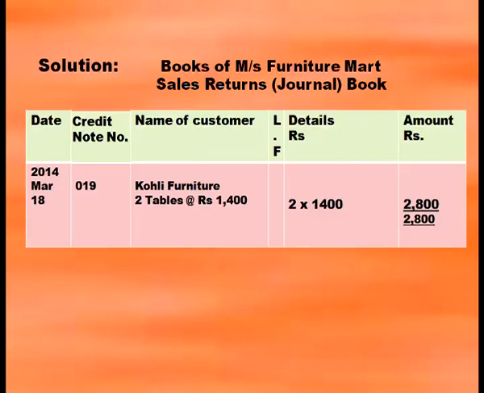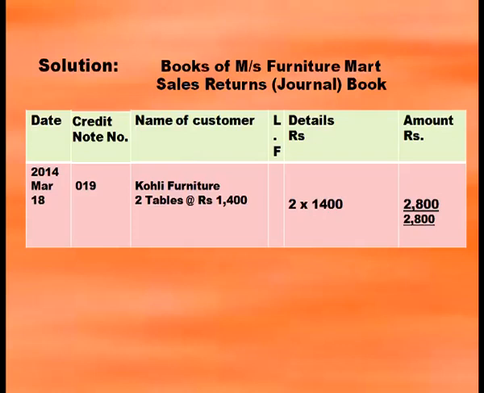Whenever you are preparing various accounts or journal or book, you have to prepare according to the format, that is, proper heading should be there. In whose book are you writing? In the books of Messrs Furniture Mart. What are you writing? Sales returns journal or sales returns book. Then date, credit note number, name of the customer, ledger folio, details and amount. Date with year first, then month and then the date.